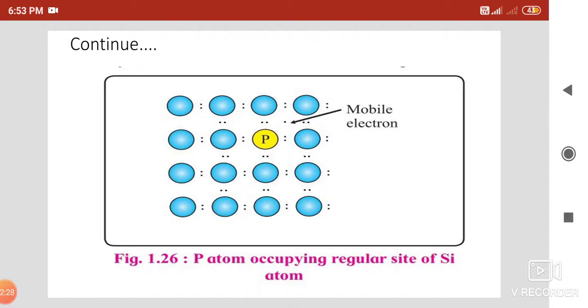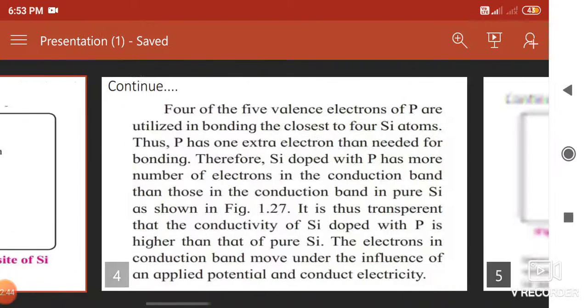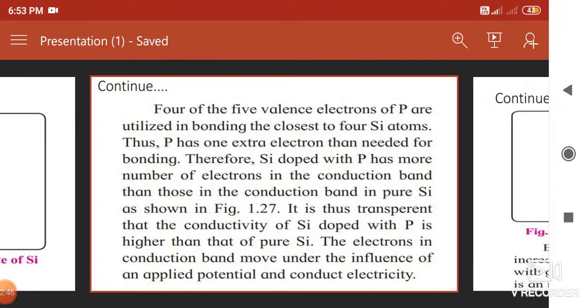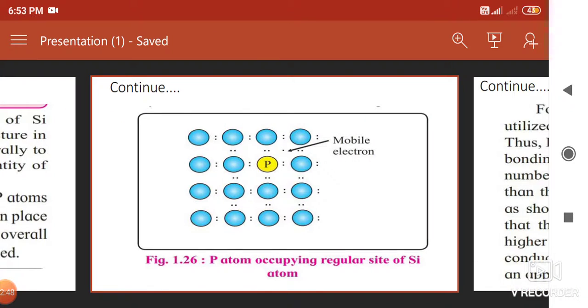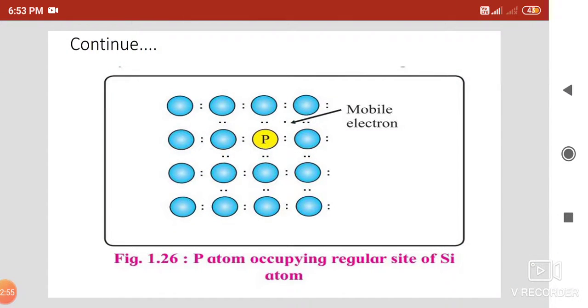Now if you look at the figure, 4 out of 5 valence electrons of the phosphorus are linked with the silicon atoms.